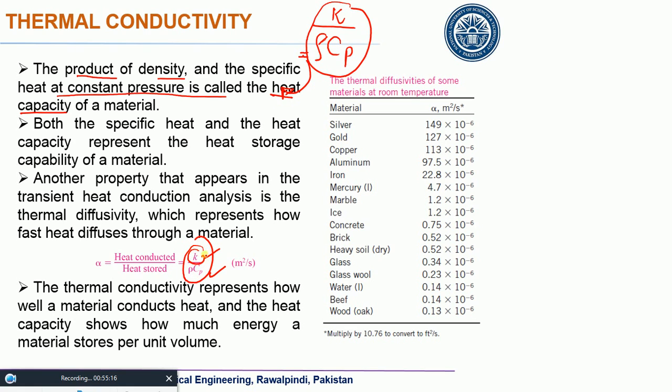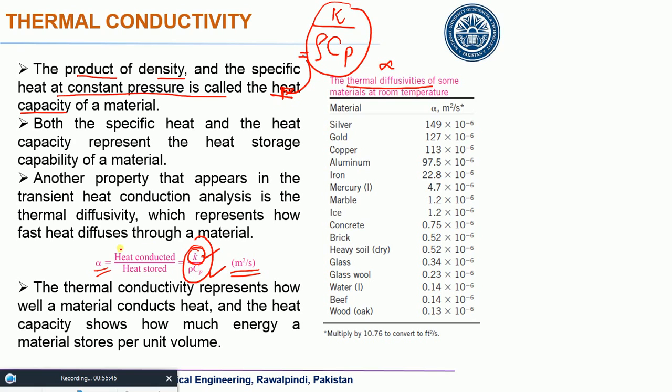The material is a good conductor. This property alpha is known as thermal diffusivity. So alpha is K over rho Cp, with units meter square per second. Remember these units, meter square per second.